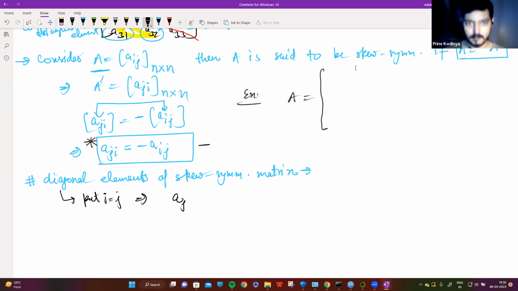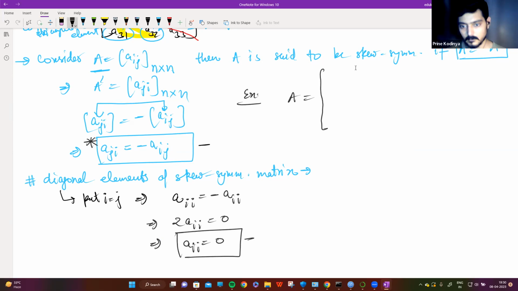Then I can find something interesting about these elements. So I can replace j with i, making one variable. This becomes Aii equals minus times Aii. It means that twice Aii is equal to 0. It means that Aii is equal to 0.